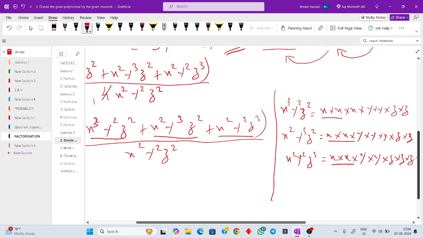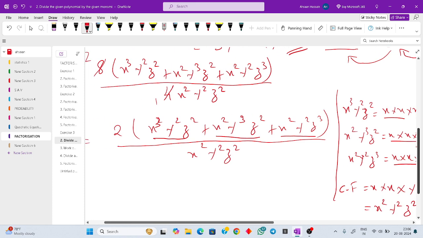Two x are in each term, so the common factor will be x into x, and also y multiplied y, and also z multiplied z. So the common factor will be x square, y square, and z square.